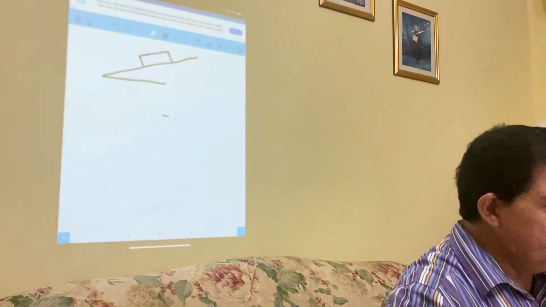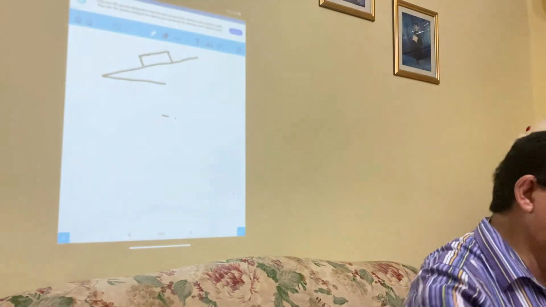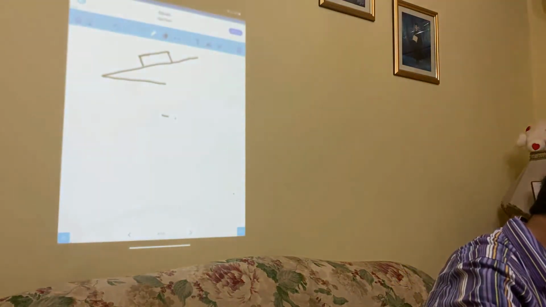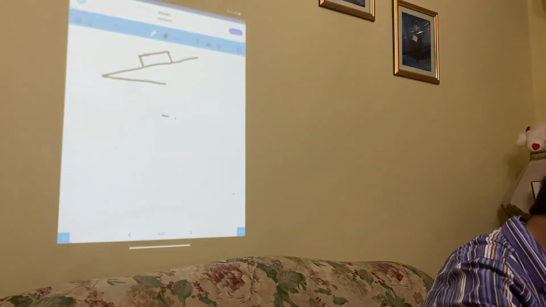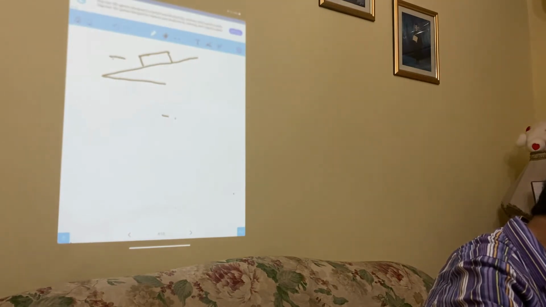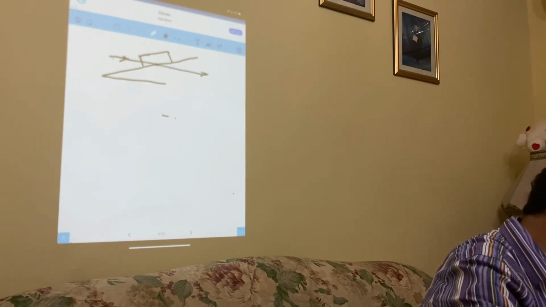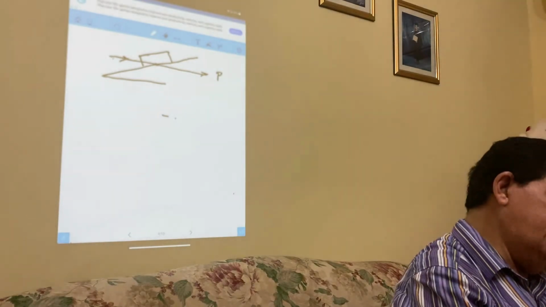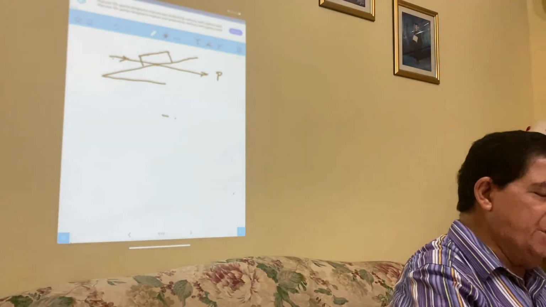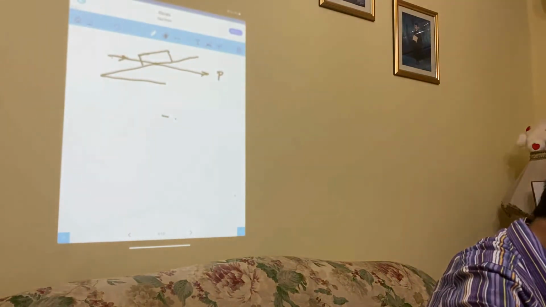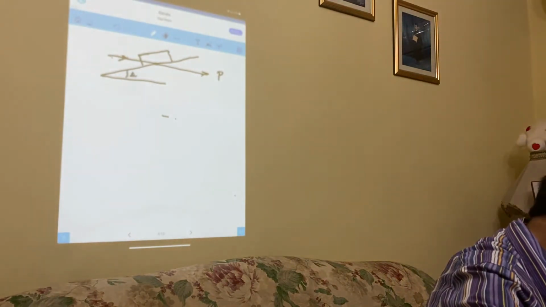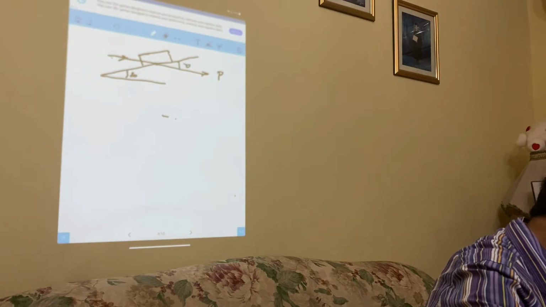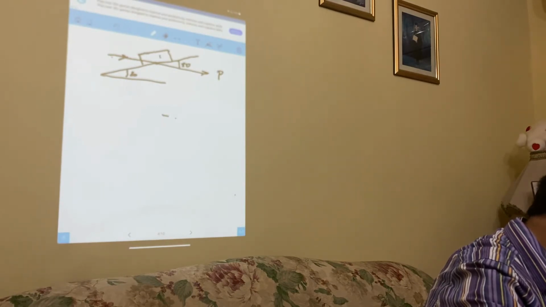Now, it says here there is a horizontal force acting. The question says a horizontal force acts on the block, so we extend this side. A horizontal force P. And the angle of the plane is 20. This angle is 20. The mass of the block is 10 kilogram.